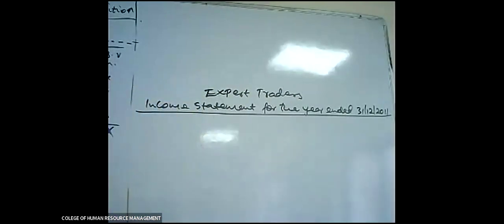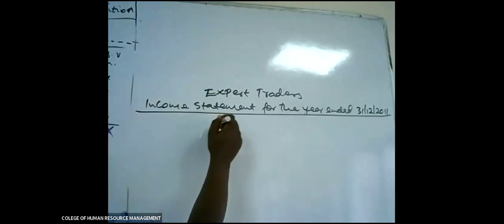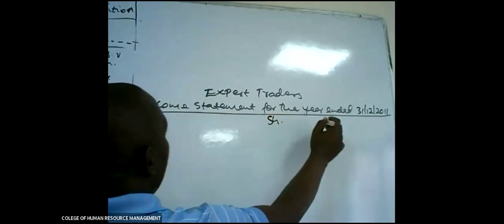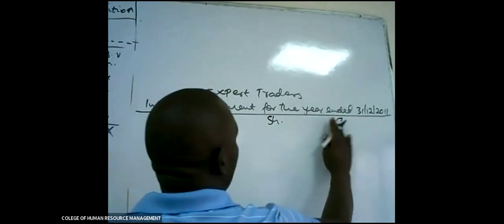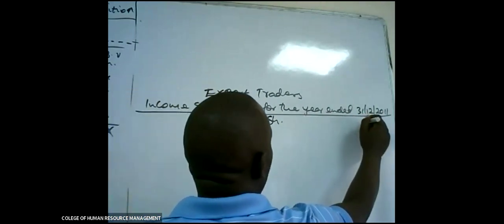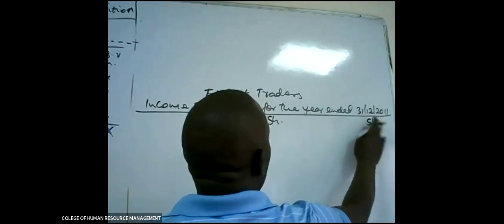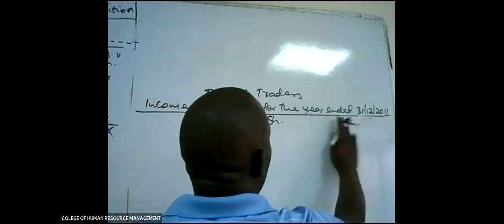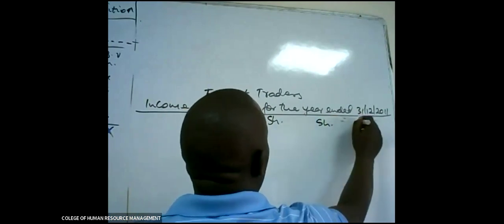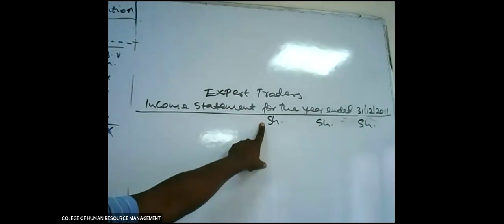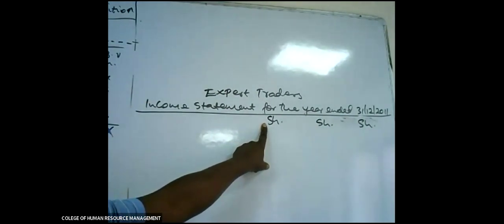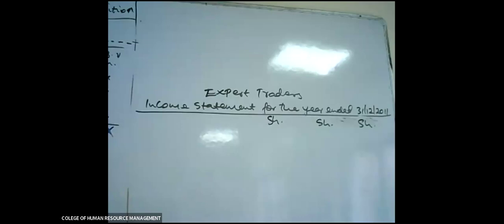Then we shall have our columns. Actually we need 3 columns for the income statement, because of carriage outwards.